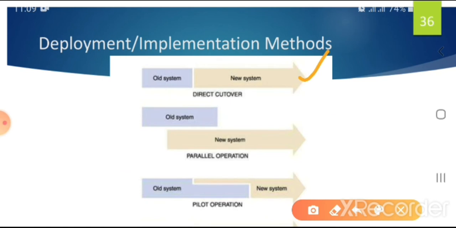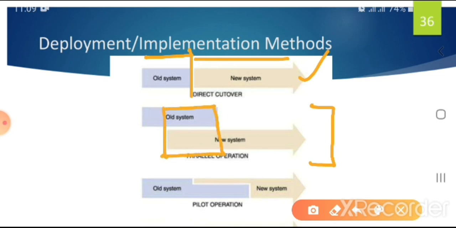This is direct cut over. The old system is directly cut over and the new system is directly taken over for being used. This one is the parallel. Here you can see that for some specific period of time both systems run in parallel.